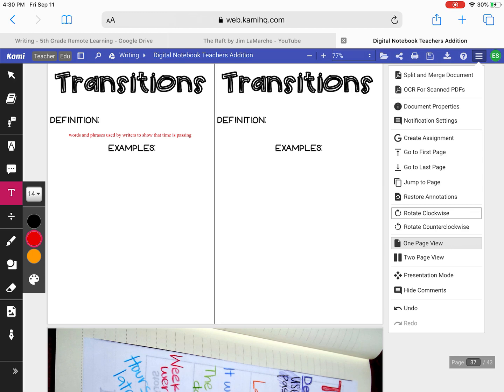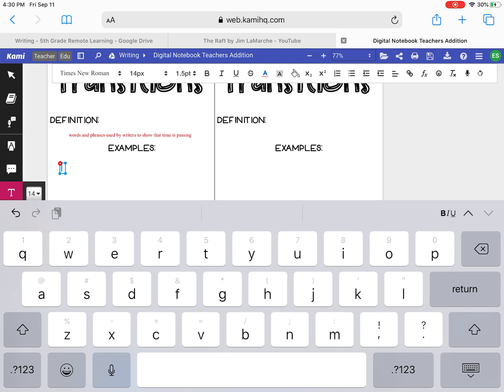I might say, seconds later, she was handed her quiz and found out she got a B. That would be capitalized.